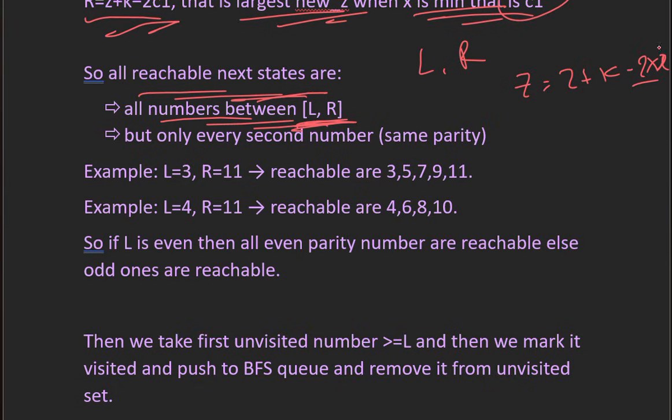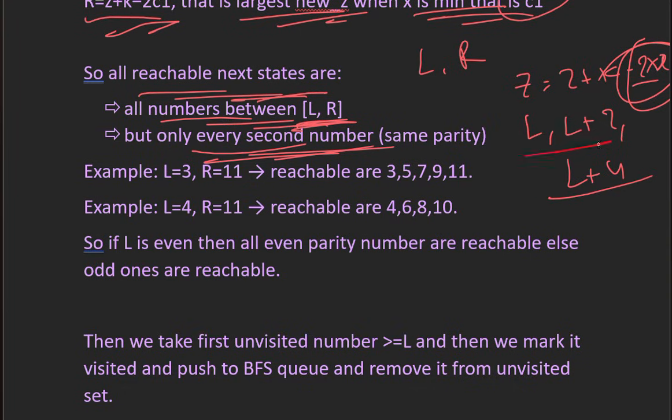So for every second number in the range L to R, like suppose L, then L plus 2, then L plus 4, this way, all the numbers have the same parity. Let's see an example. If L is equal to 3 and R is equal to 11, then the states reachable from the current state are with z equal to 3, 5, 7, 9 and 11. If you notice, all are odd.